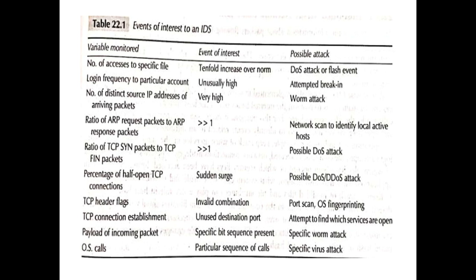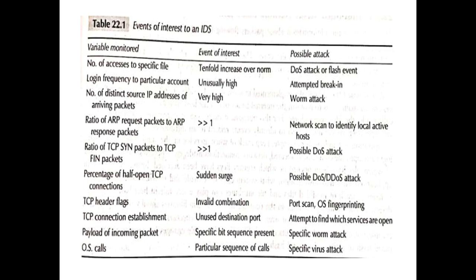Ratio of TCP synchronization packets to TCP finished packets also greater than 1. Percentage of half open TCP connections showing a sudden surge. TCP header flags containing an invalid combination. TCP connection establishment to an unused destination port. Payload of incoming packets containing a specific bit sequence. Operating system calls showing a particular sequence of calls.